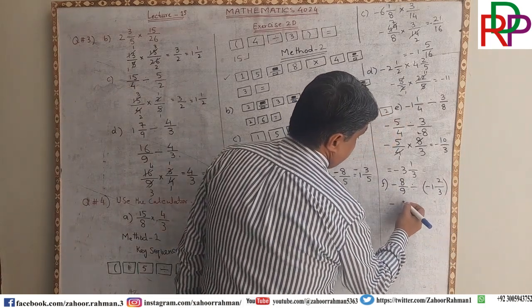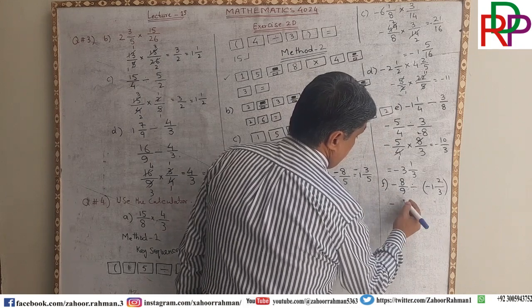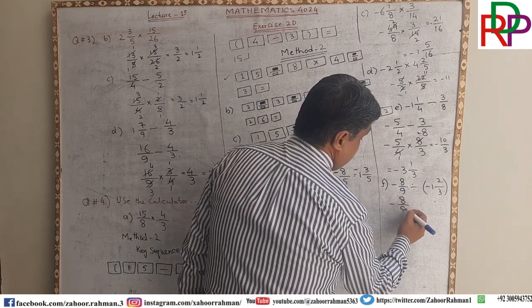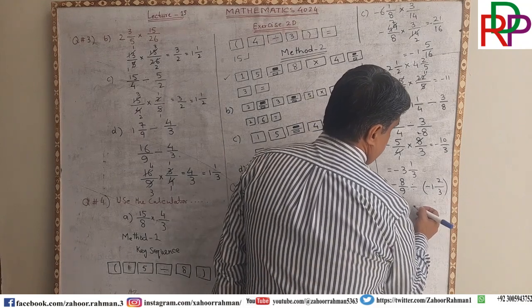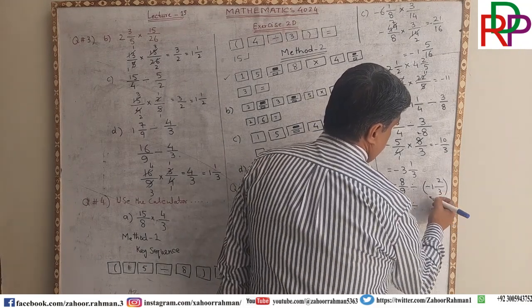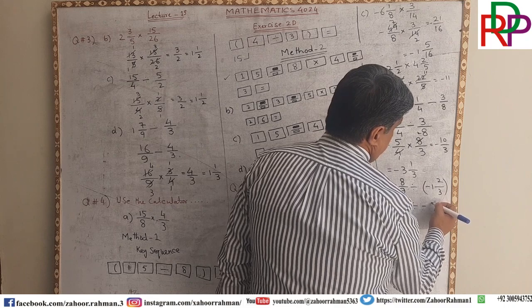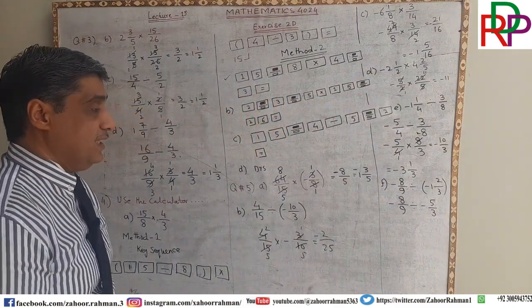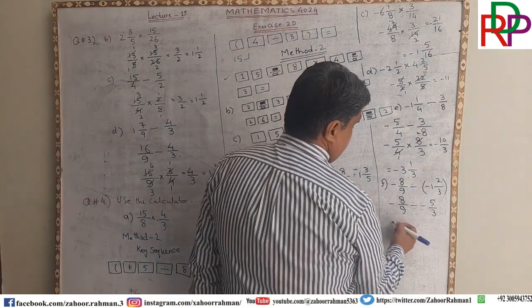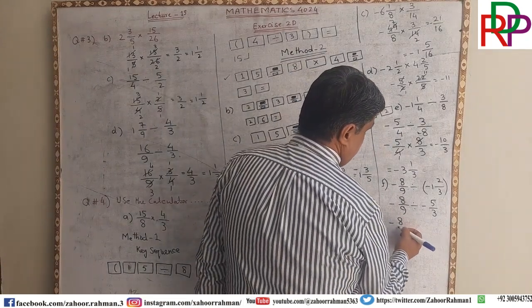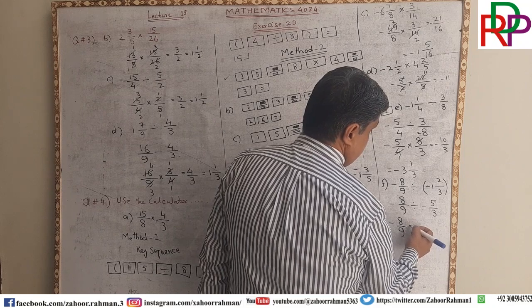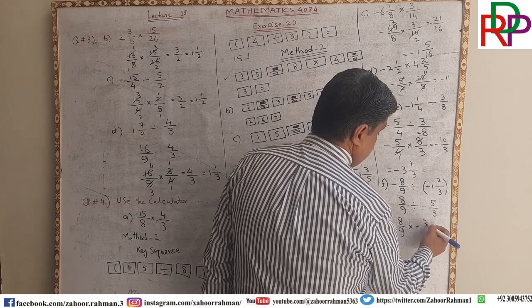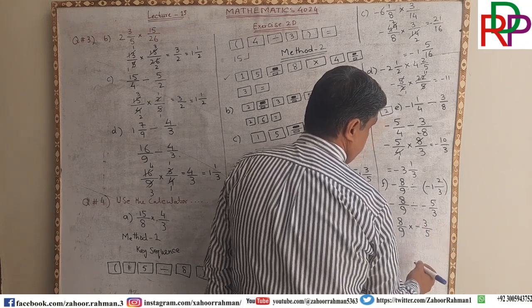So I am writing minus 8 over 9 in the first step, and then divide by minus 5 divided by 3. Okay, ladies and gentlemen, I am writing minus 8 over 9 multiplied by minus 3 over 5.